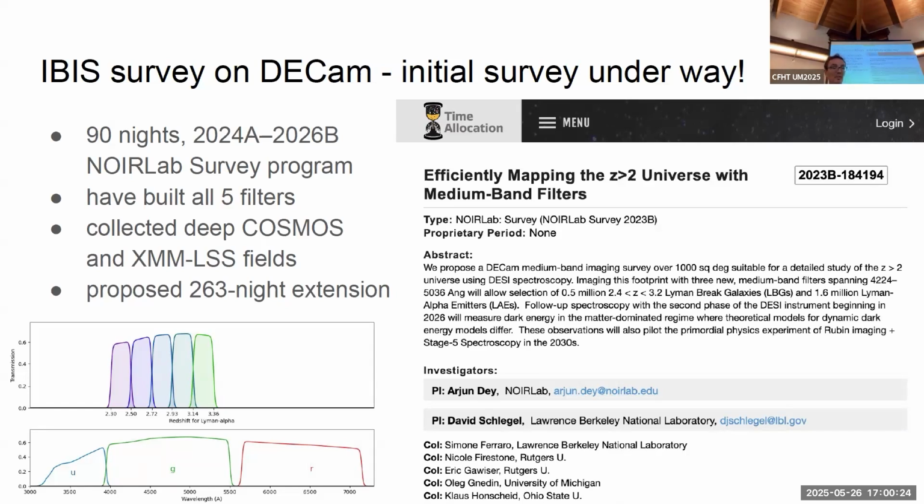As with our previous DESI imaging surveys, these are fully public surveys, so there's no proprietary time, and we're aiming to do frequent full data releases. And we've also proposed a 260-night or 263-night extension to do the 5,000 square degrees we want to get, or maybe 3,000.